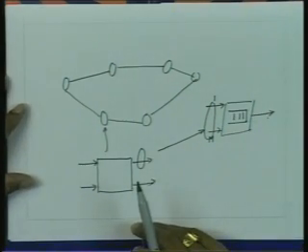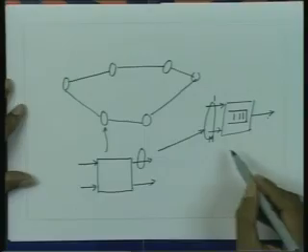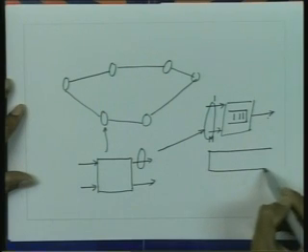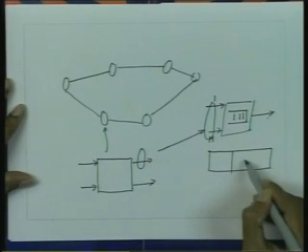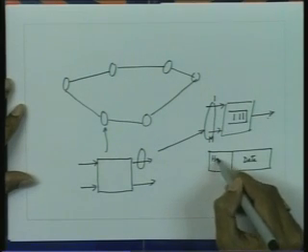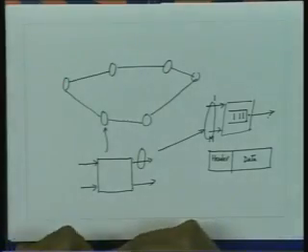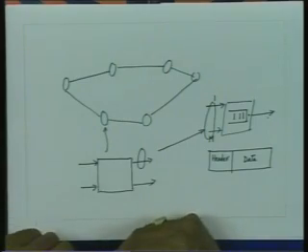Now the moment you require some kind of a buffer, the bits of each of these flows must be distinguishable. How do you make a distinction? Typically you will make a distinction by encapsulating this data with some kind of overhead bits, which we call a header. Here on this node there will be a scheduler, which will look at the header and then schedule those packets.